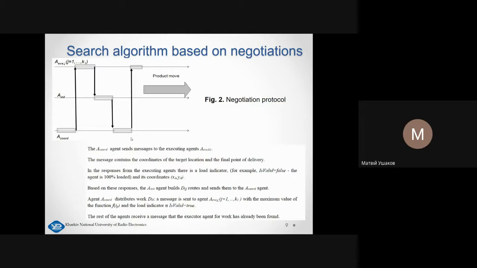So if one robot has 5 grids and another has 6 grids, the system will take the 5-grid path, and the robot which calculated the 5-grid path is going to take the task of transporting this target.